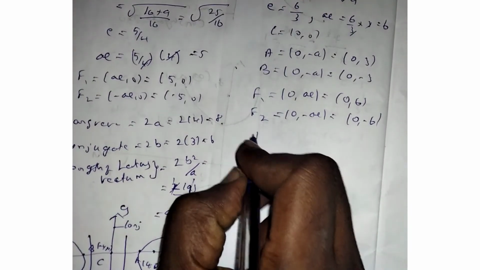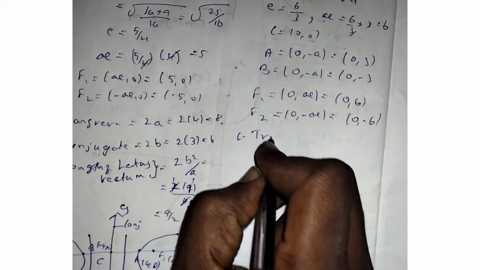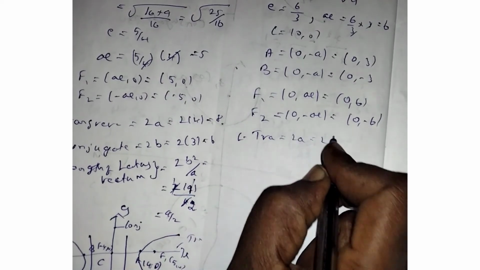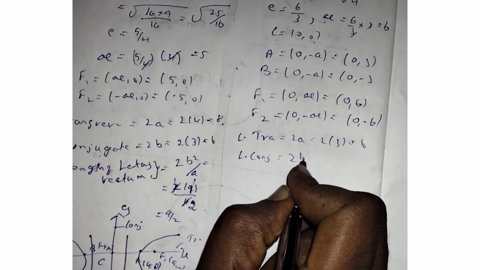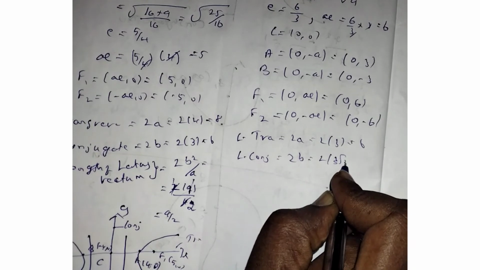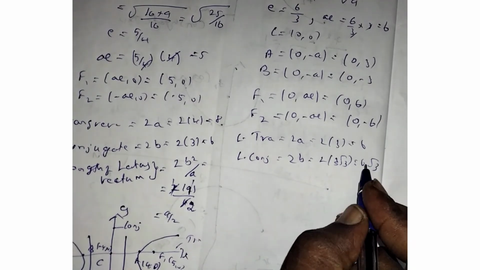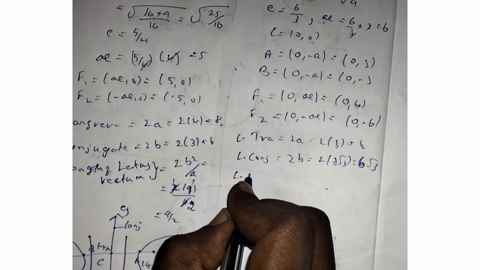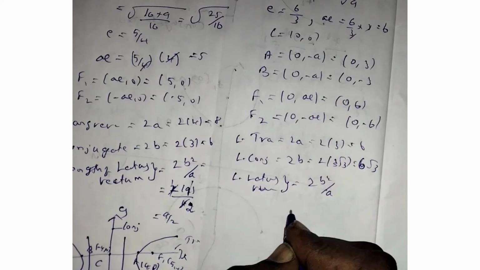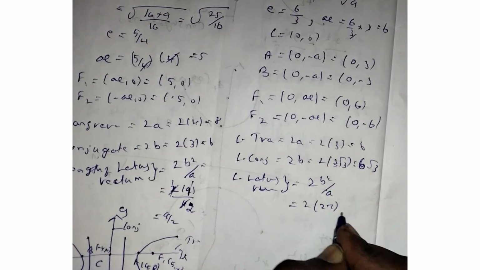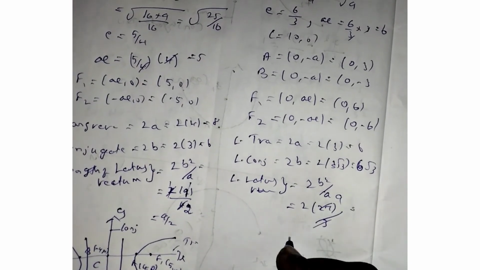The length of the transverse axis is 2a, so 2 into 3 becomes 6. The length of the conjugate axis is 2b, 2 into 3 root 3 becomes 6 root 3. The length of the latus rectum is 2b squared by a, so 2 into 27 by 3, eliminating, becomes 18.